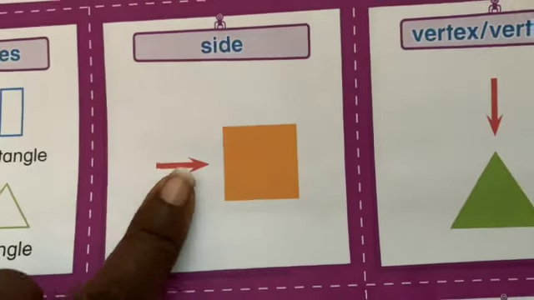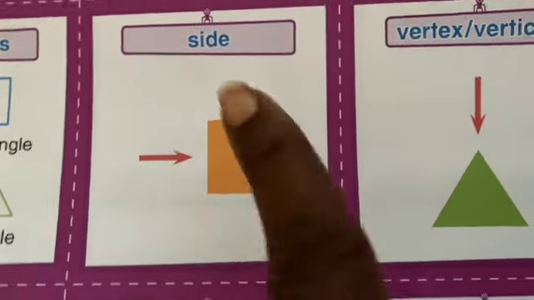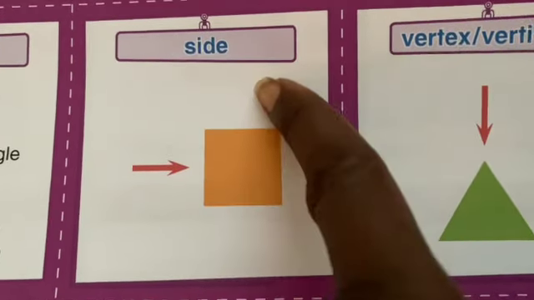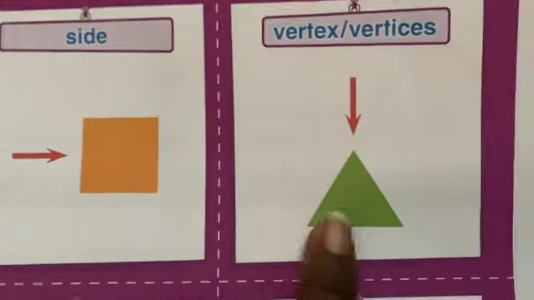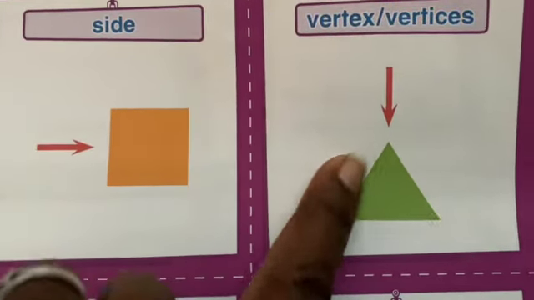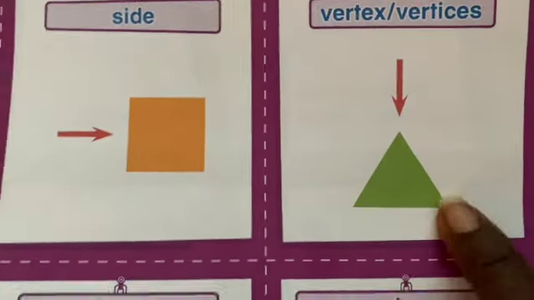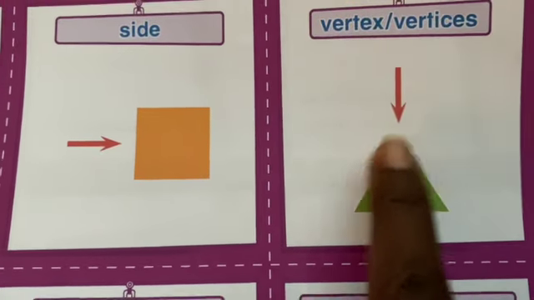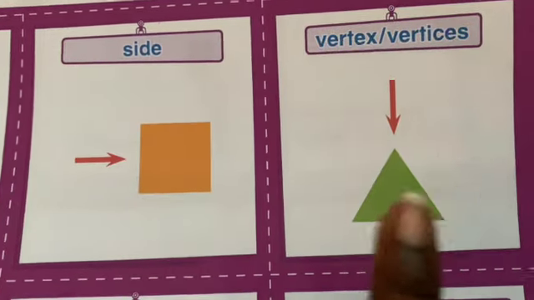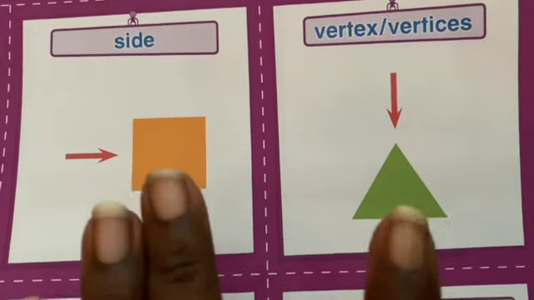So here's a side, one side, and then if you drew another arrow on this side, it would be another side. Now, the vertex, this is one side and this is one side, and then where they meet, that is the vertex of the sides of the shape that we're talking about.